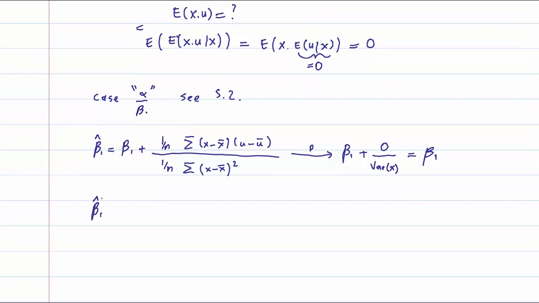So beta 1 hat converges in probability toward beta 1. Beta 1 hat is consistent.